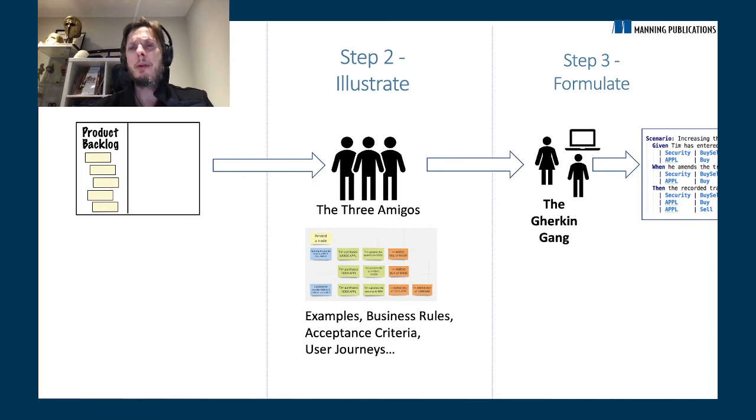You leave that for a separate session for people who are more familiar with the format, so BAs and testers who can work through that and come up with a well-written, cleanly written, but actionable set of acceptance criteria that you can then show to your business people and sort of ratify with the business folk.